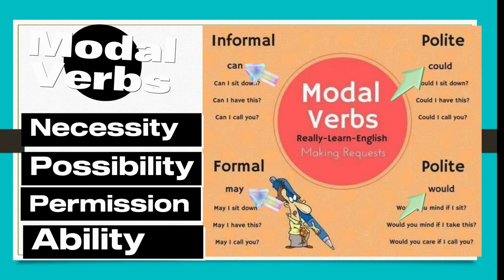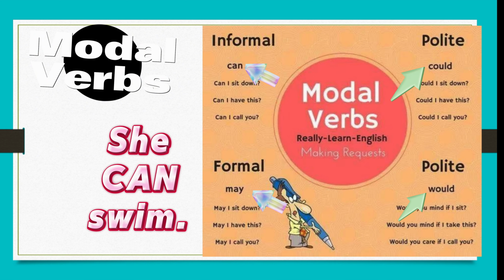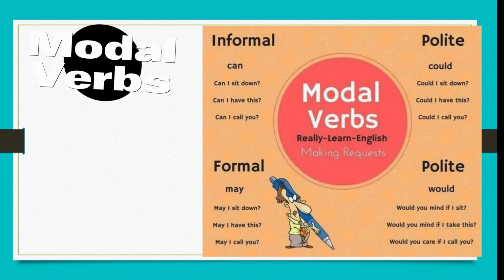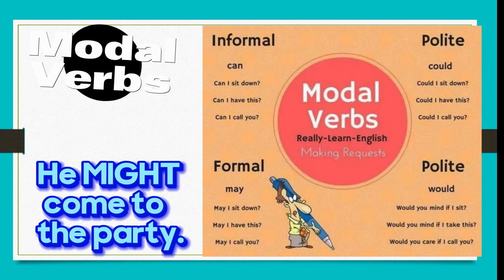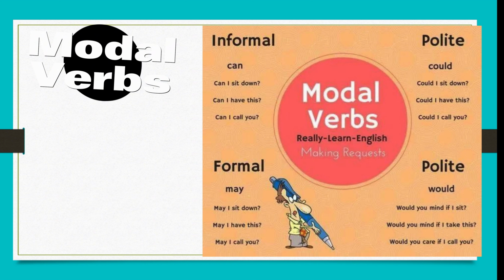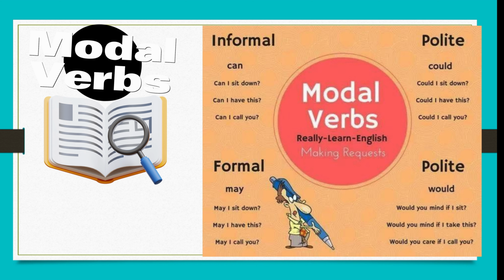For example, "She can swim." The word "can" is a modal verb expressing ability. Another example is "He might come to the party," where "might" expresses possibility. Modal verbs are very useful for expressing different shades of meaning in English, so they're definitely worth learning.